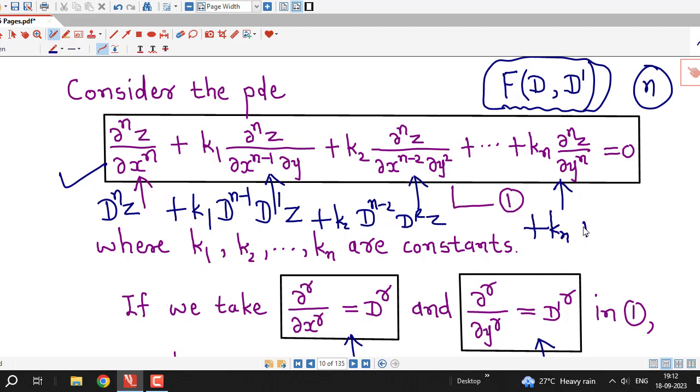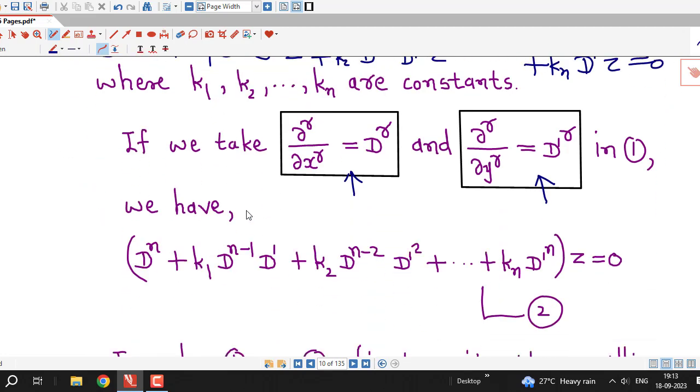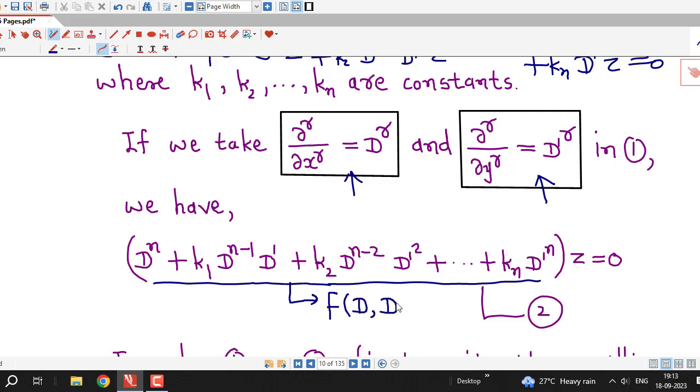The last term is kn D dash to the power n z equal to 0, and by taking z common we will have this form: D raised to n plus k1 D raised to n minus 1 D dash, and so on, plus kn D dash raised to n, acting on z equal to 0. This is nothing but capital F, which is a function of D and D dash, and we can see in each term the degree is n, therefore this is a homogeneous function of D and D dash.